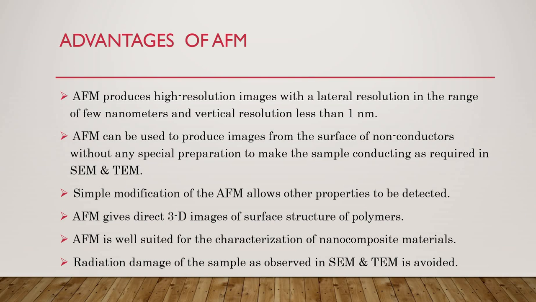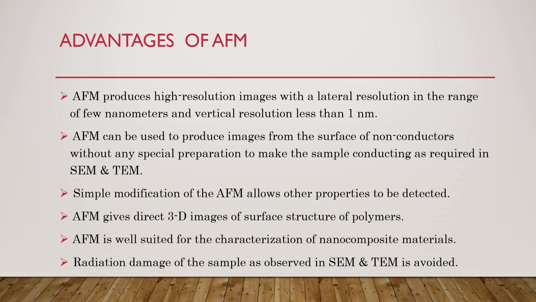Next, advantages of AFM. AFM produces high-resolution images with a lateral resolution in the range of a few nanometers and vertical resolution less than 1 nanometer. AFM can be used to produce images from the surface of non-conductors without any special preparation to make the sample conducting, which is required in SEM and TEM.